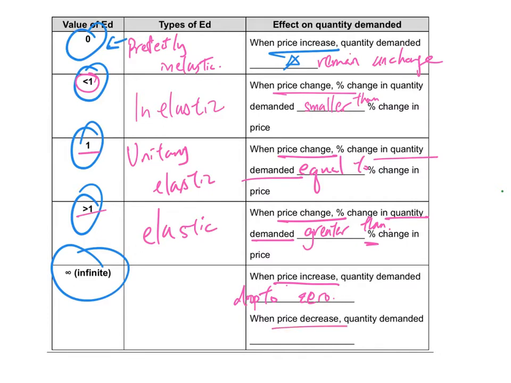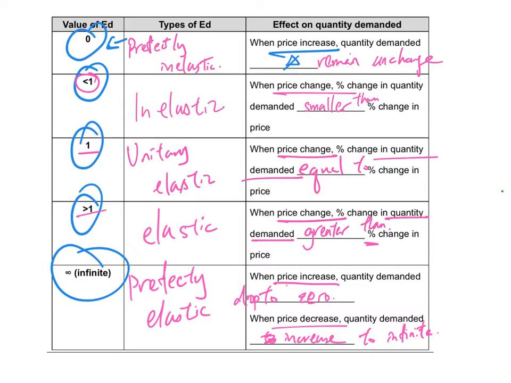For a price decrease, they will be extremely excited, so they will increase their quantity demanded to infinity. Actually, you cannot find this kind of example because it's so crazy, but if we go to this extreme case, we call it perfectly elastic.